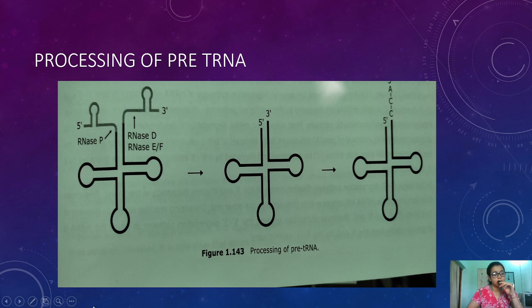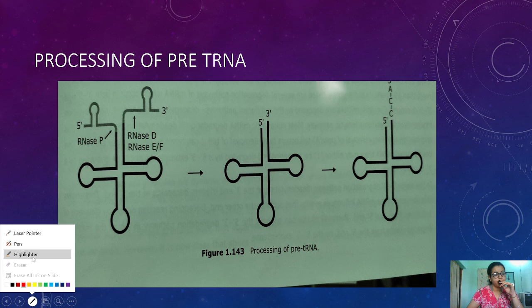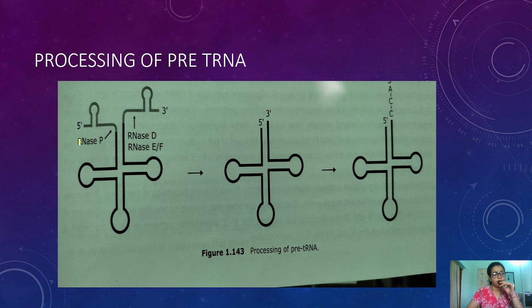As you can see in this picture, this is the pre-tRNA structure and this is the 5' end. This is the extra structure which is found in the 5' end, and this is the extra structure which is found in the 3' end. So first we will take two endonuclease enzymes and make a cut in this region.